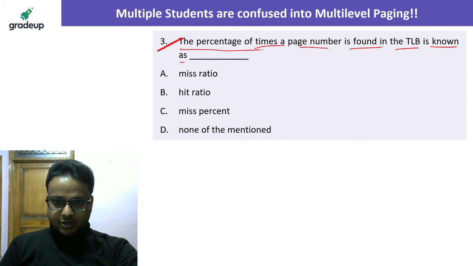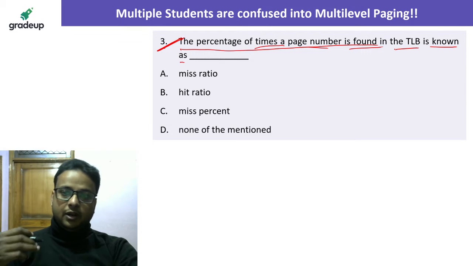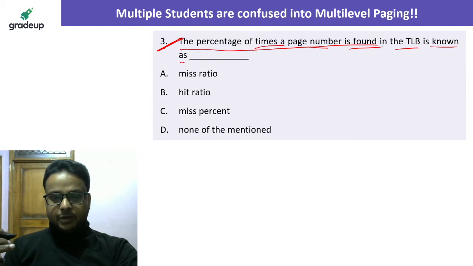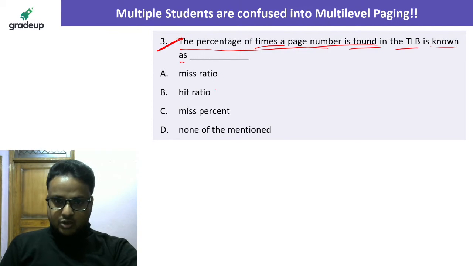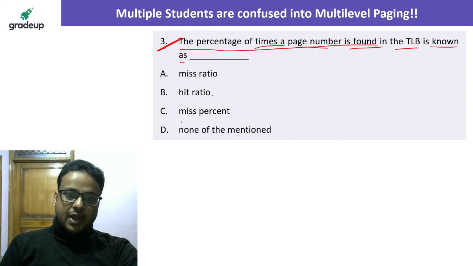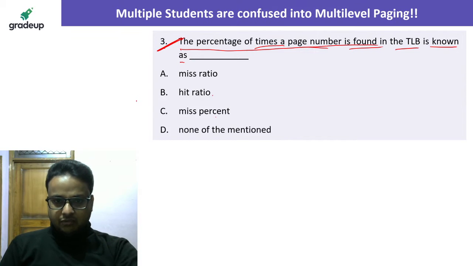I told you a page number can be found in the TLB. So we call this miss ratio, hit ratio, miss percent, or none of the above. We call it the hit ratio. So the answer of question number 3 will be hit ratio.